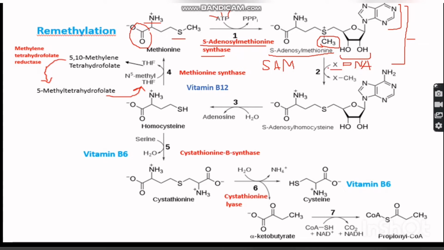These acceptor molecules accept the methyl group donated by SAM, and then S-adenosyl homocysteine is produced. Here you can see the methyl group is attached to the sulfur atom in SAM, but in SAH, that is S-adenosyl homocysteine, there is no methyl group, because it has donated the methyl group to the acceptor molecule, which can be DNA, RNA, protein, phospholipids, amino acids, anything.